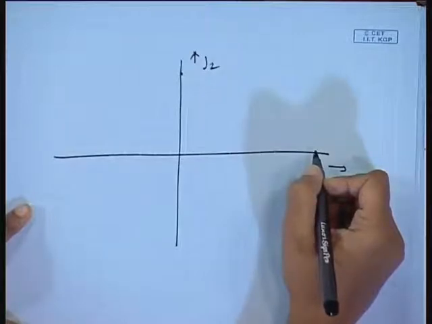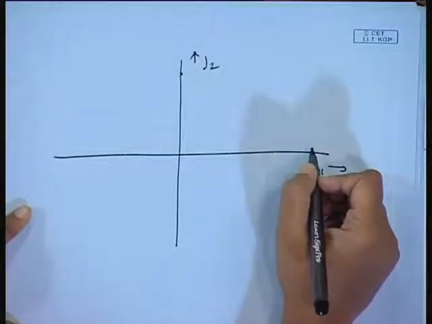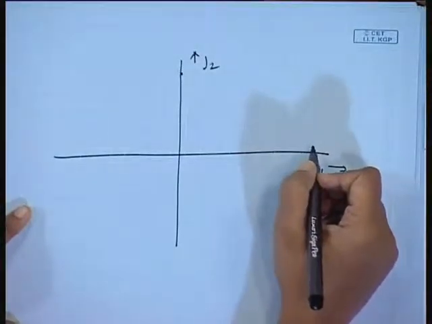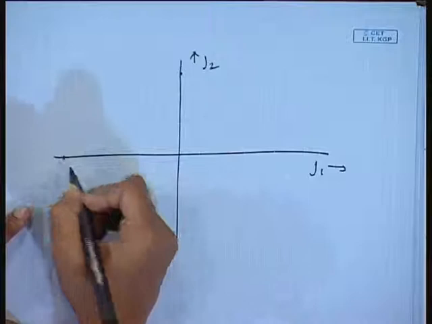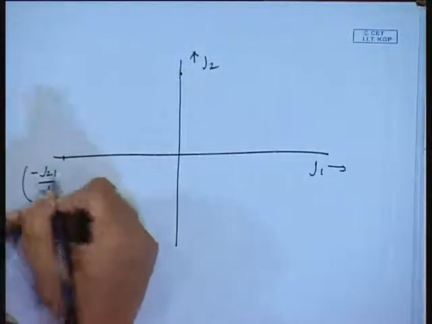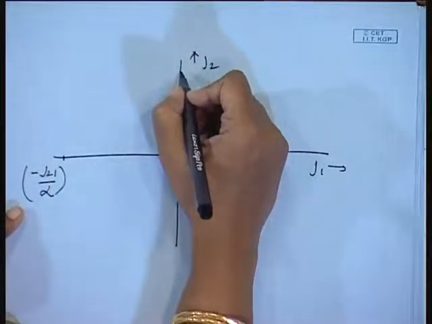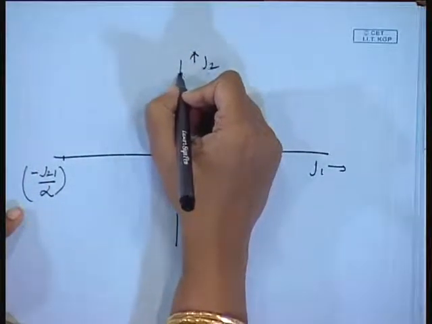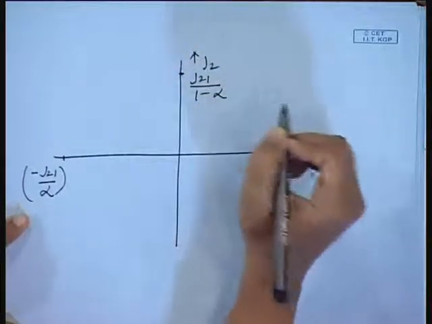So, when J2 equals 0, the intercept is minus J21 by alpha. What will be the intercept on the y axis? J21 by 1 minus alpha.